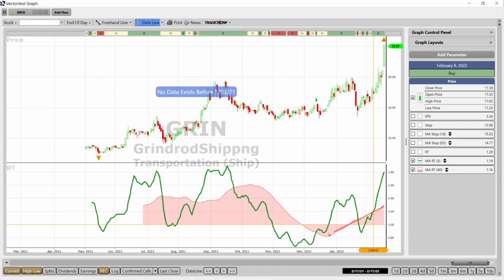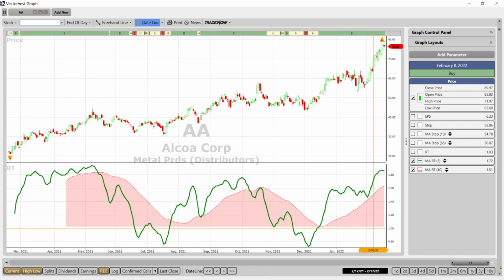So lots of ways to use this, but the main part I want to show you is just how consistent and visual the entries are when we have the slope of the 40 moving average falling and then flattening out in a valley here. The 5 period moving average crossing above the 40 is a good alert, and we can put in our buy order.